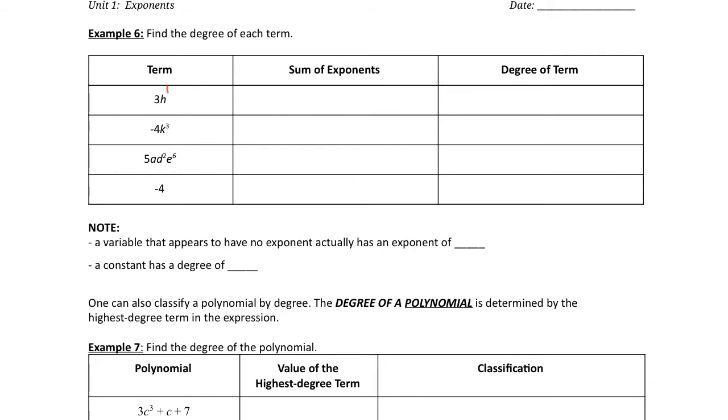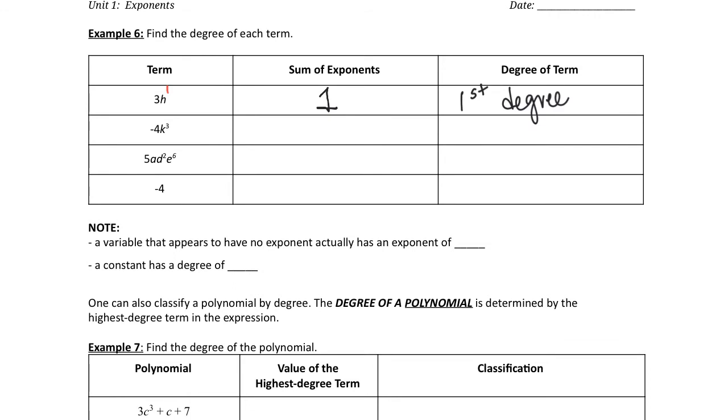That is the only letter in the term. There's nothing else with it, so there's really nothing I can add together. So the sum is just going to be 1. And so if we were to name this by degree, we would say this is a first degree term.